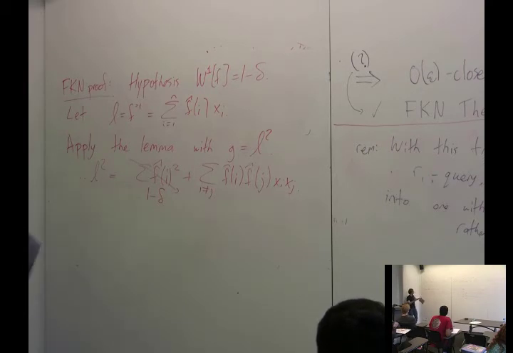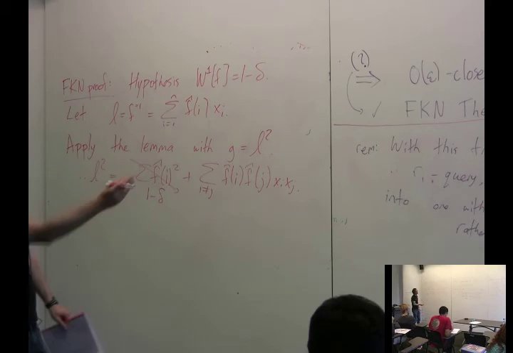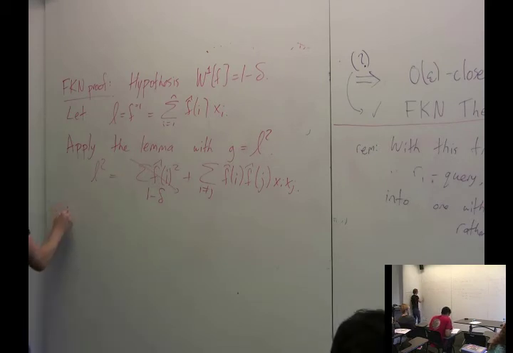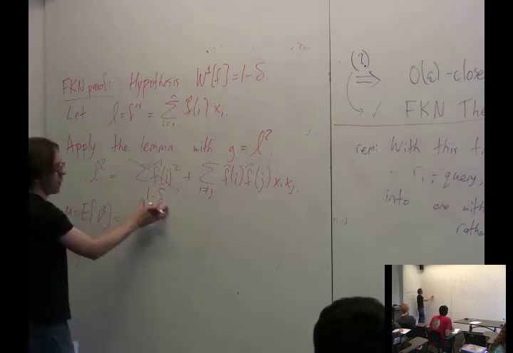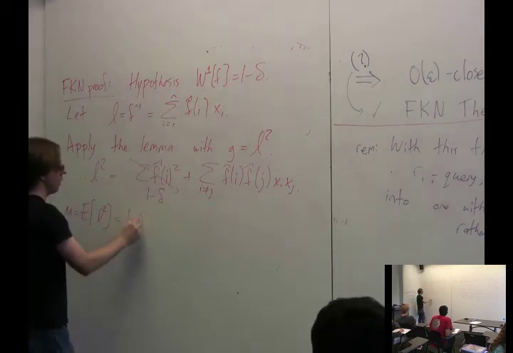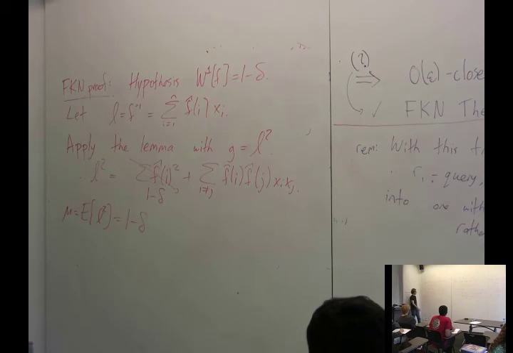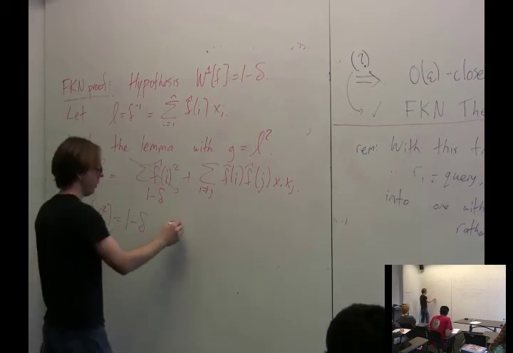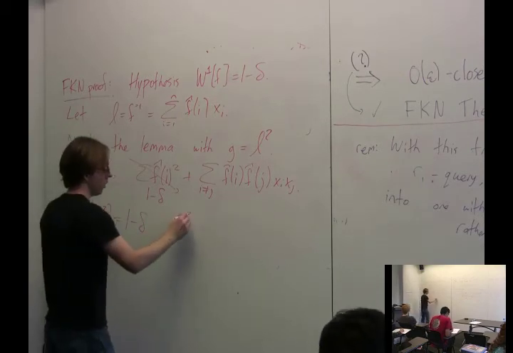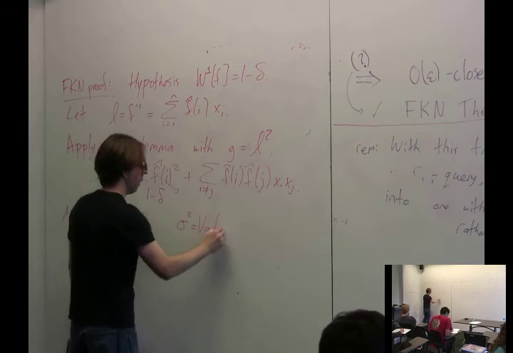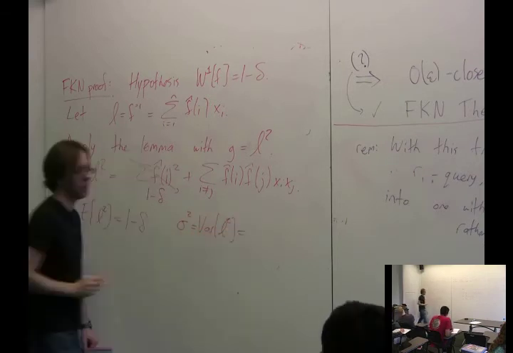So since we're going to apply the lemma, let's figure out what mu and sigma are. So what is the mean of L squared? Can somebody tell me? Yeah, 1 minus delta. There's the Fourier expansion. It's just the empty Fourier coefficient. And the variance, can somebody tell me what that is?